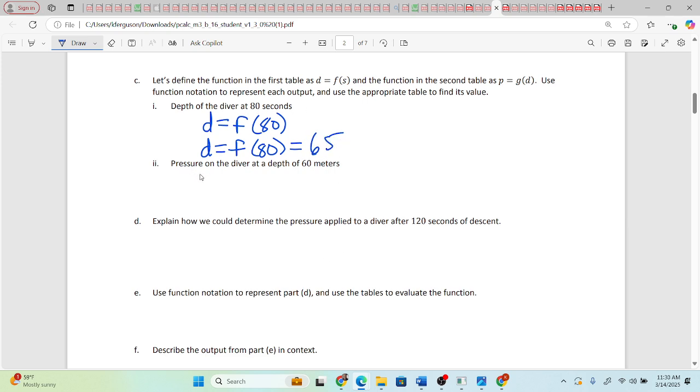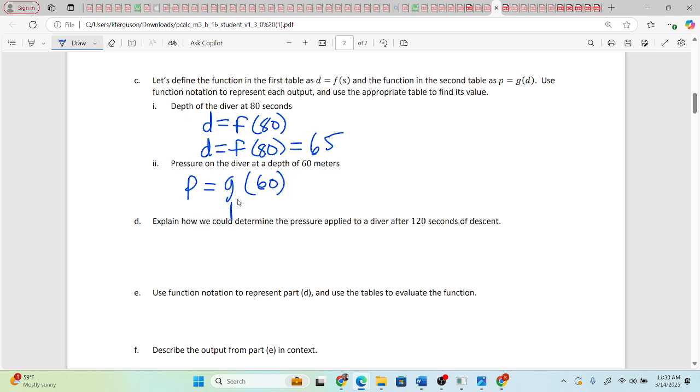Right? Okay, so the second one says they want me to write in function notation and then solve the pressure on a diver at a depth of 60 meters. So this is P for pressure equals G of how many meters I'm below the surface. So that's P equals G of 60.